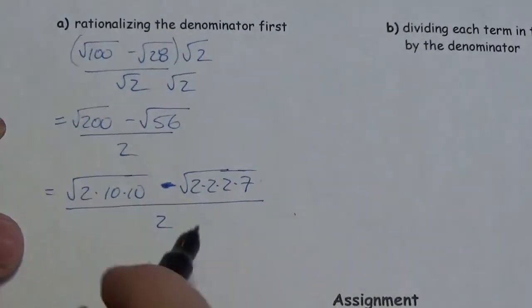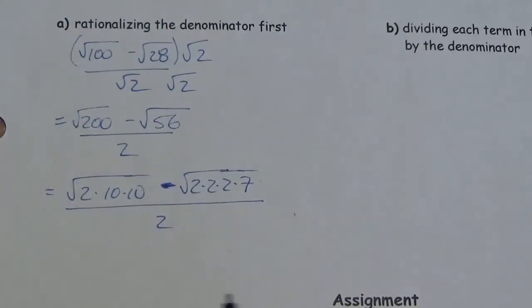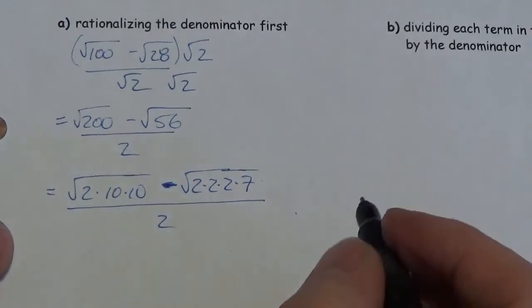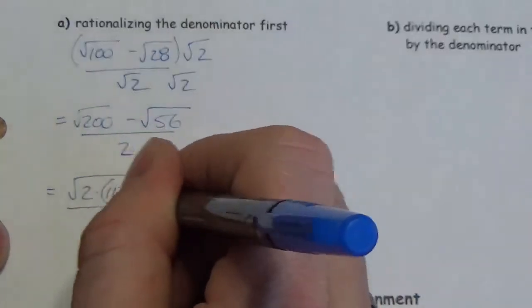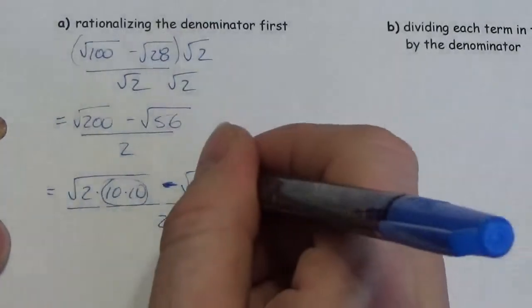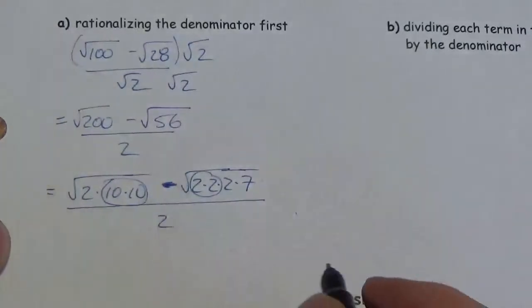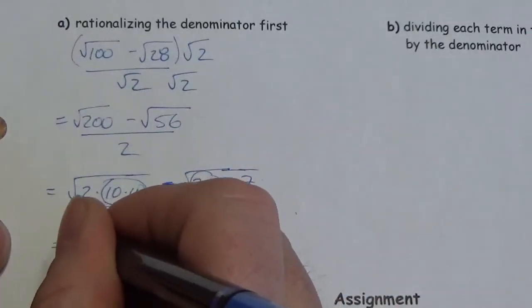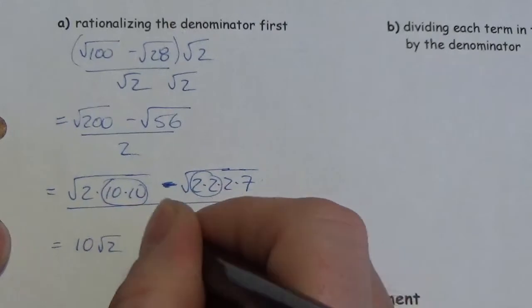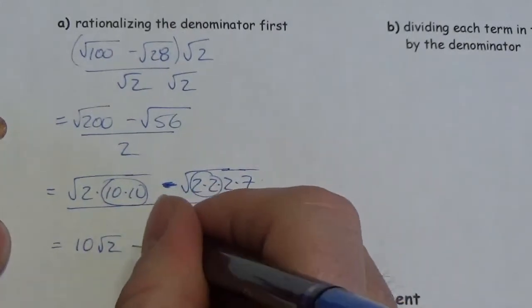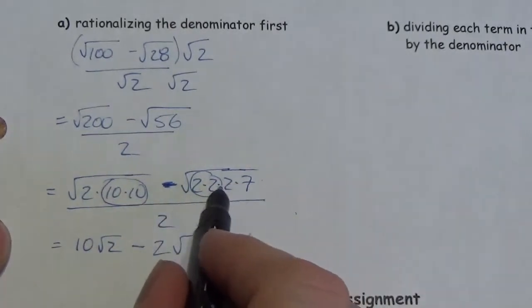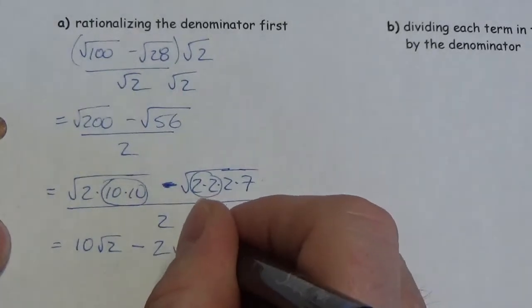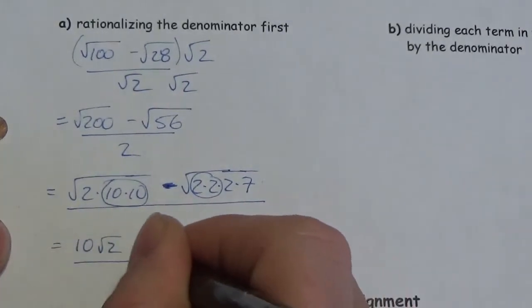And you just get used to some of those numbers. 8 is just automatic. I know it's 2 cubed. So I'm going to take those 10s and pull a 10 out. I'm going to take those 2s and pull a 2 out. So this is going to become 10 root 2 minus 2 root, now I'm still left with a 2 times a 7 in there, so I'm going to leave that as 14, all over 2.